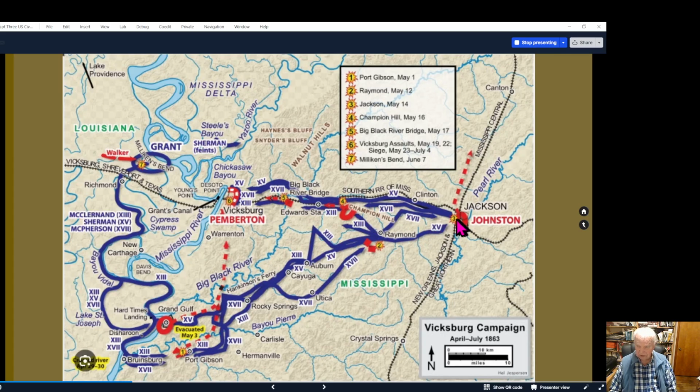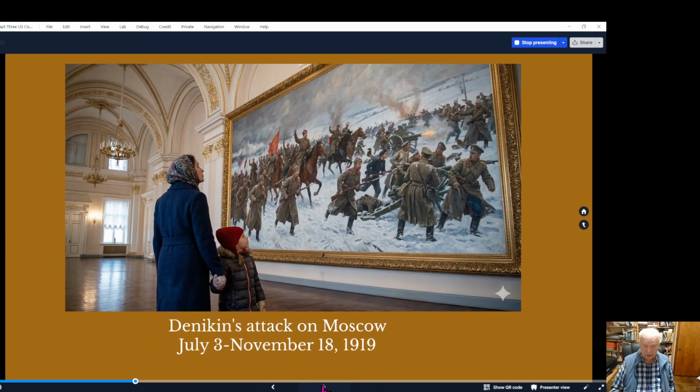And Grant defeats Johnston, concentrates on him, and then drives west from Jackson, encountering the Confederates in several battles, defeating them in each battle as they move, and then finally invests Vicksburg and puts the siege works around Vicksburg. And over a period of time, just in classical siege work, not dissimilar to what Washington did at Yorktown, forces Pemberton to eventually surrender.